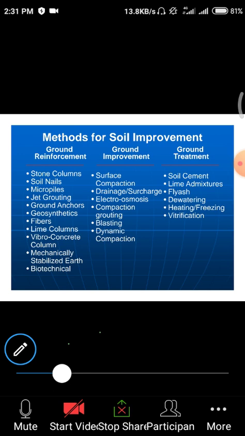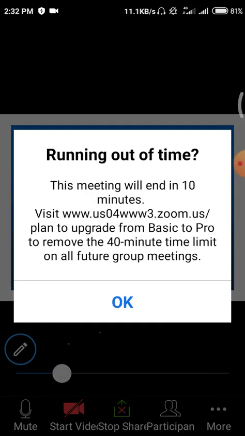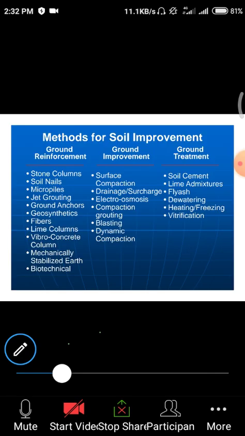Why? Because if there is no vibration, normally only a few parts of the soil will be densified. If you want to do densification below the ground level up to 1 or 2 meters, we have to use these dynamic compaction methods for suitable stabilization of the soil.